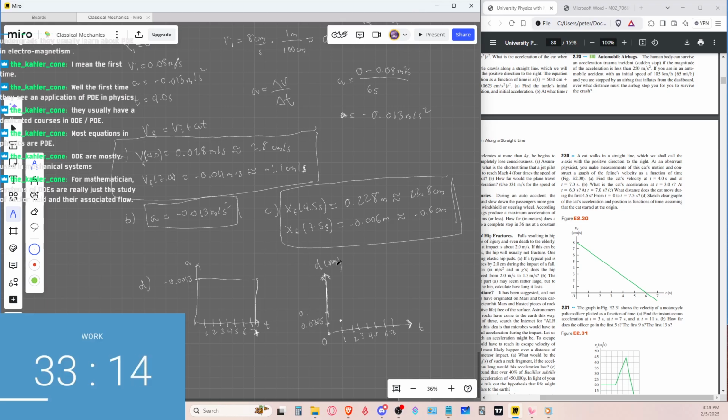Well, actually, we'll just put it in meters, because I think the graph should look similar. It's just different units. Because I don't feel like converting. And do it for 3 seconds.